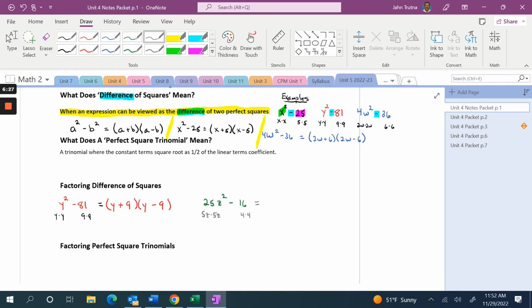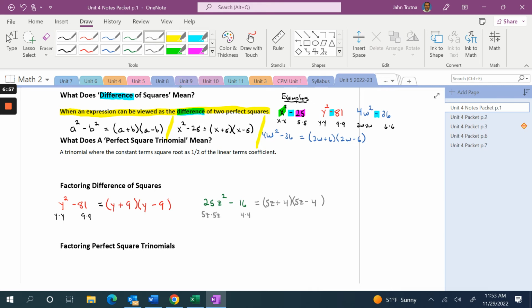So this means that 25z squared minus 16 would factor into, we start each quantity or parentheses with a 5z, we put a plus and a minus, and then we put 5z plus 4, 5z minus 4.